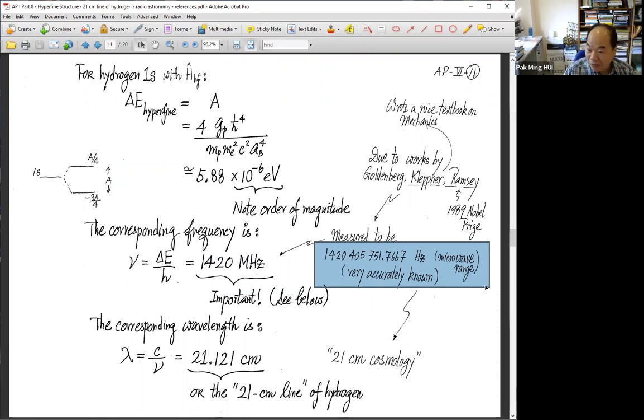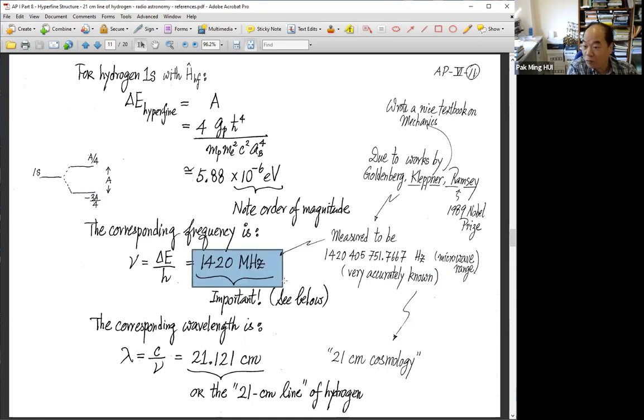So it is a very accurately known number. It is in the microwave range, all right? You know, there's some microwave background out there, referring to about 2.7 K in temperature, okay? So that is related to why astrophysicists use this particular hyperfine splitting. So this is a number worth remembering for physics students.